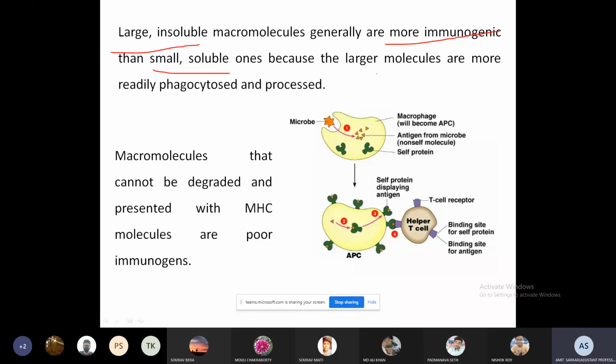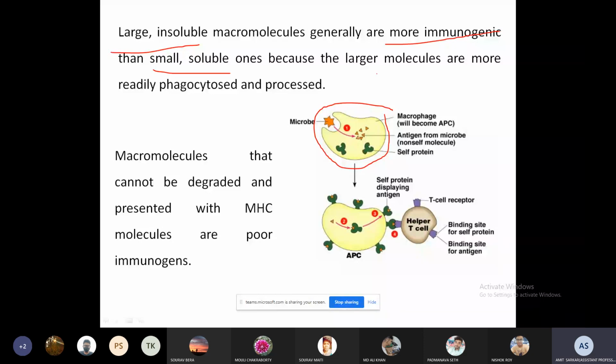Why? Because the larger molecules are more readily phagocytized and processed. So now try to correlate between these things. We have just discussed that macrophage or any type of phagocytic cell plays a role of antigen presenting cell. Fine. So it's very much required for them to engulf different types of microorganisms. We have also said that it becomes difficult for a macrophage to engulf one particular bacterium or two particular bacteria.